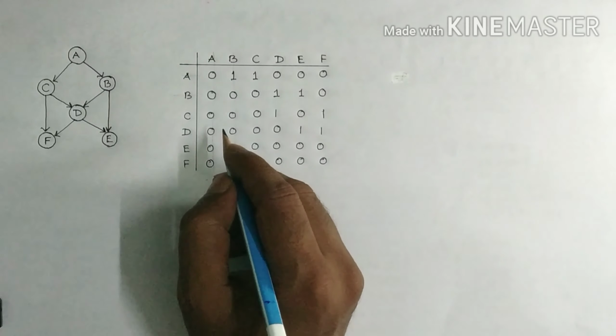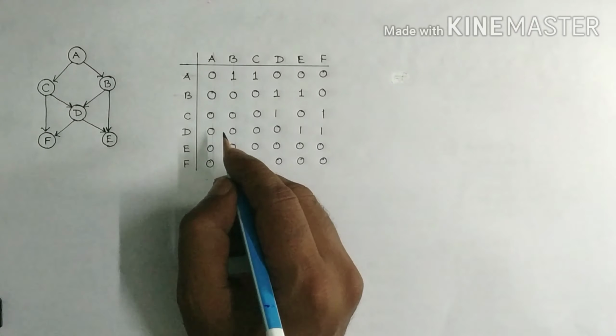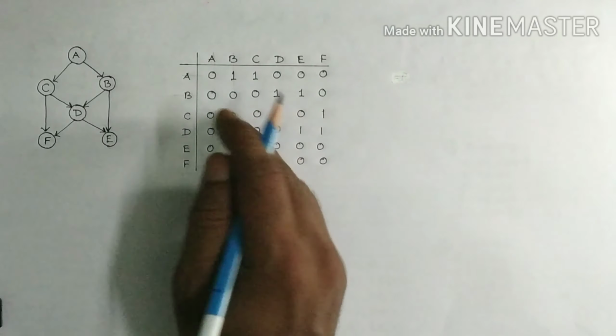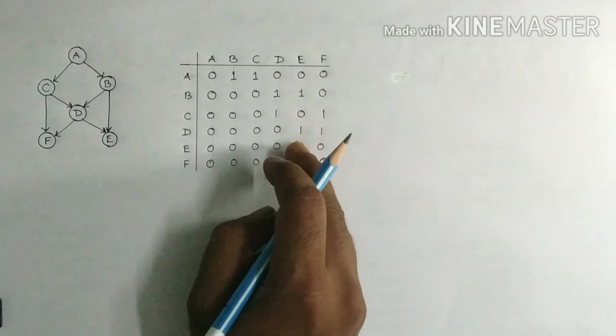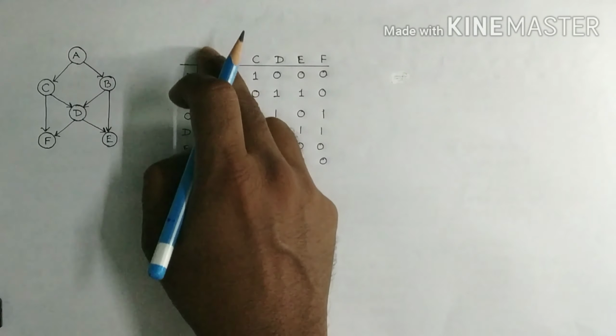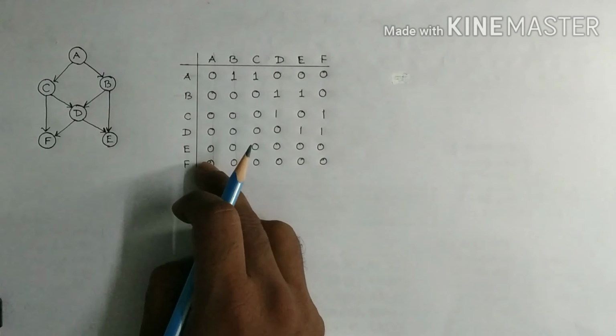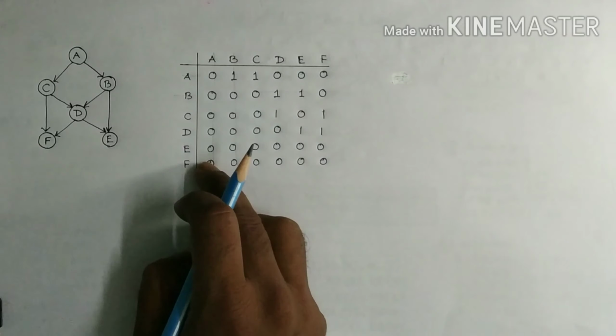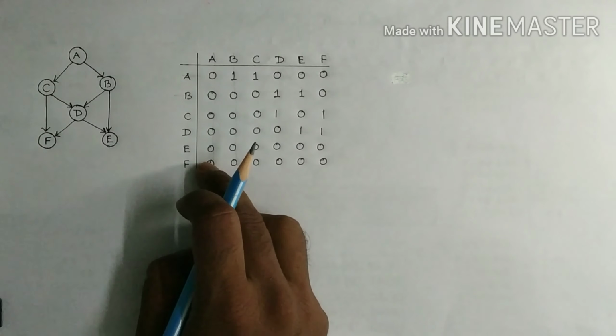The same problem can be solved using an adjacency matrix. Now in this adjacency matrix, all elements of column A are 0, meaning vertex A has no incoming edge.